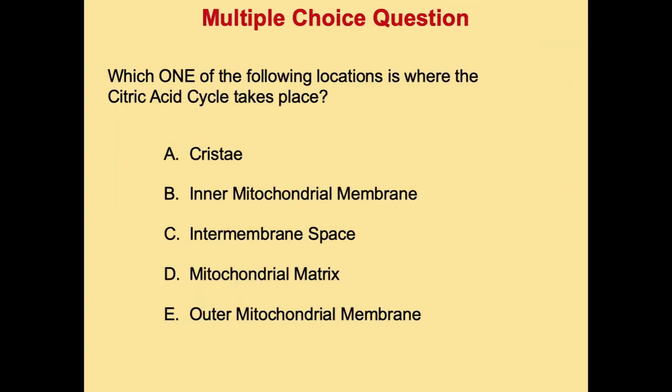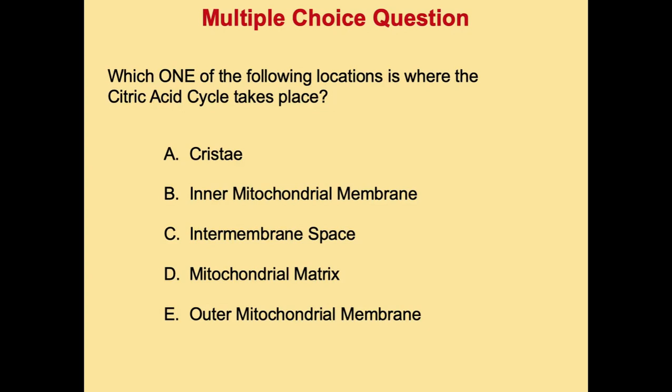At this point I have a short multiple choice question for you. Which one of the following locations is where the citric acid cycle takes place? Is it A, on the cristae, B, in the inner mitochondrial membrane, C, in the intermembrane space, D, in the mitochondrial matrix, or E, in the outer mitochondrial membrane?